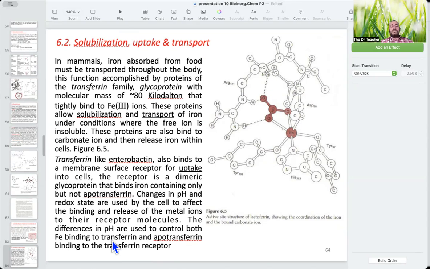So these proteins also bind to carbonate ion and then release iron within the cells. Transferrin, like enterobactin, also binds to a membrane surface receptor for uptake into the cell.